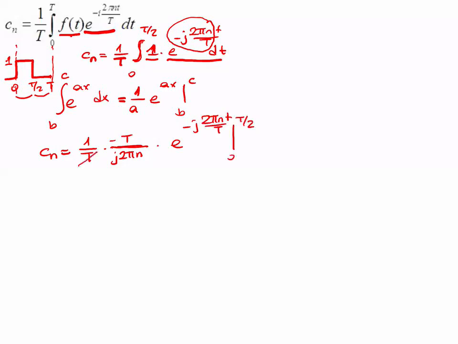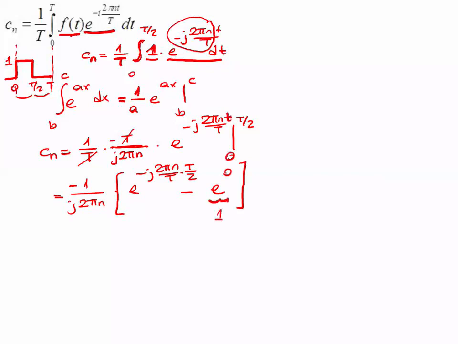So the T's will go away, and I will have 1 over minus j 2 pi n times e to the power minus j 2 pi n over T times T over 2, minus e to the power 0, right? I put 0 instead of t. So this is 1.